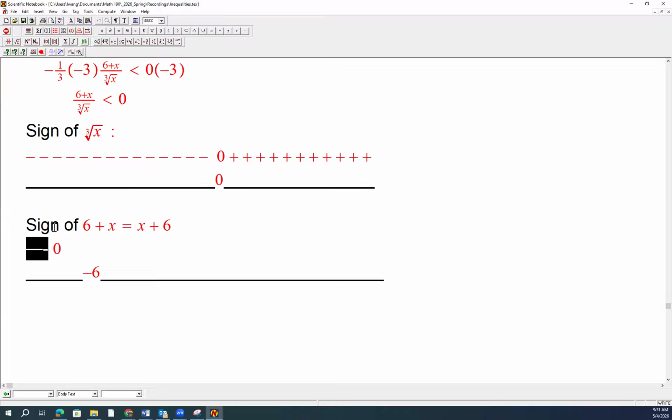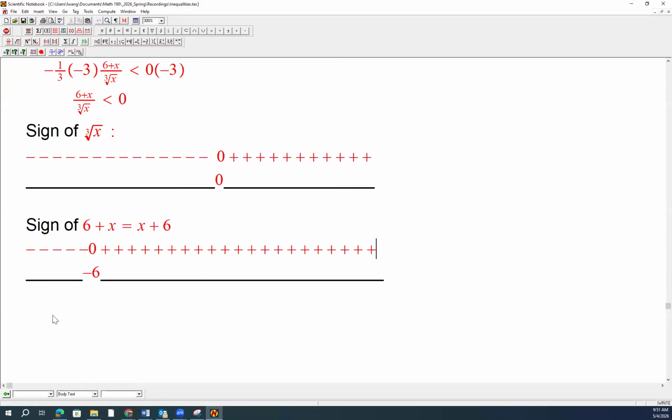Sorry, let me change the mode. If you pick a number larger than -6, say -5, you plug in, you get a positive. Say 7, you get positive. So you get positive on this side.